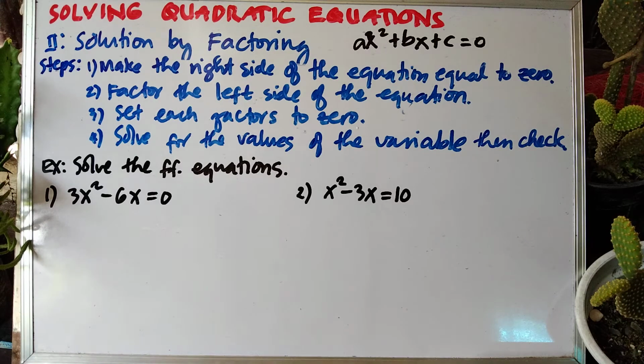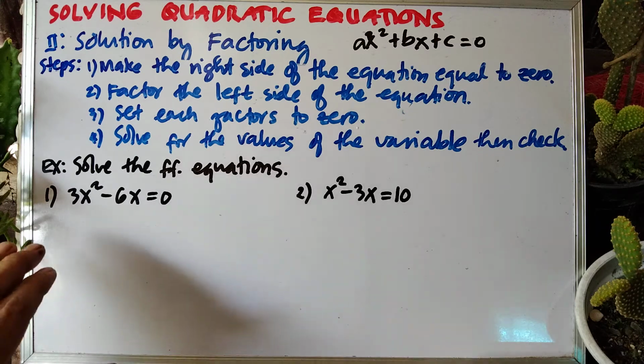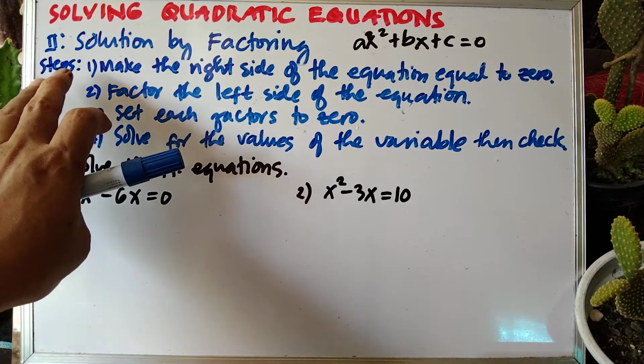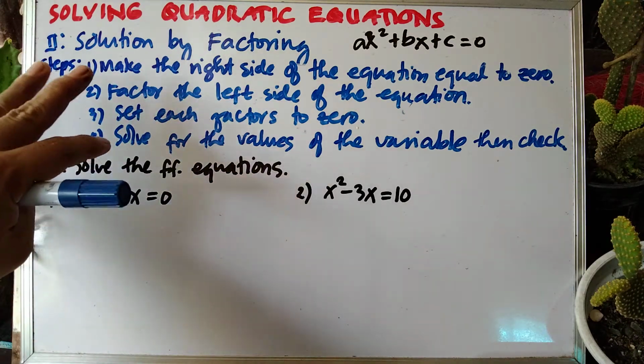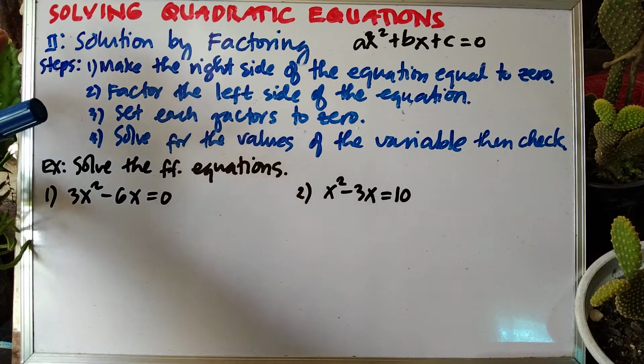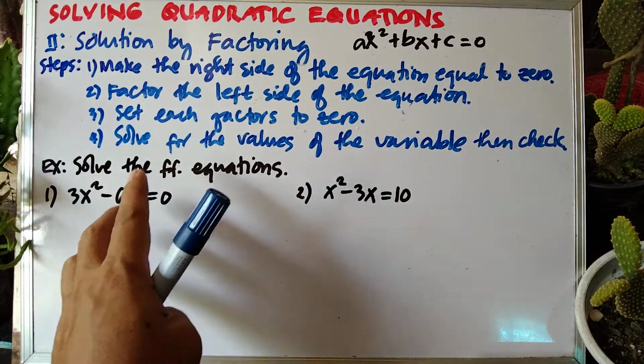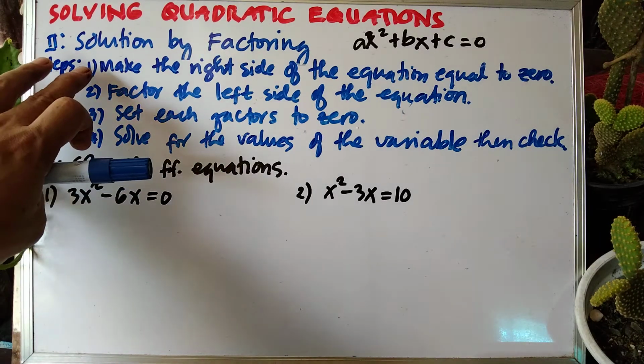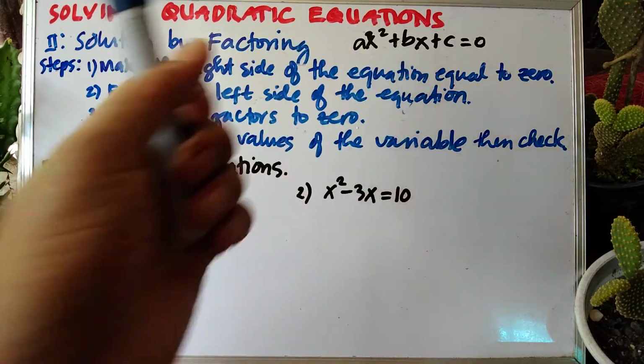We now automatically factor the left side of the equation since the right side is already 0. So erase step 1, no? Step 1 is only good for those equations that have terms on the right side of the equation, or those equations that are not written in standard form.